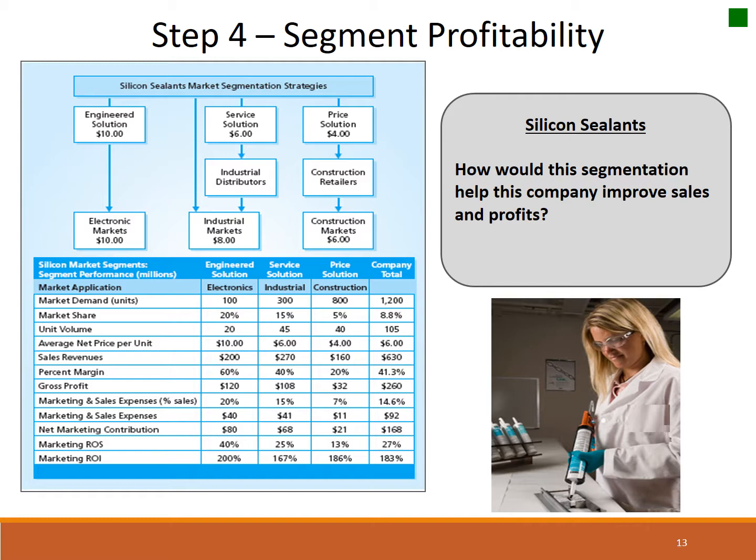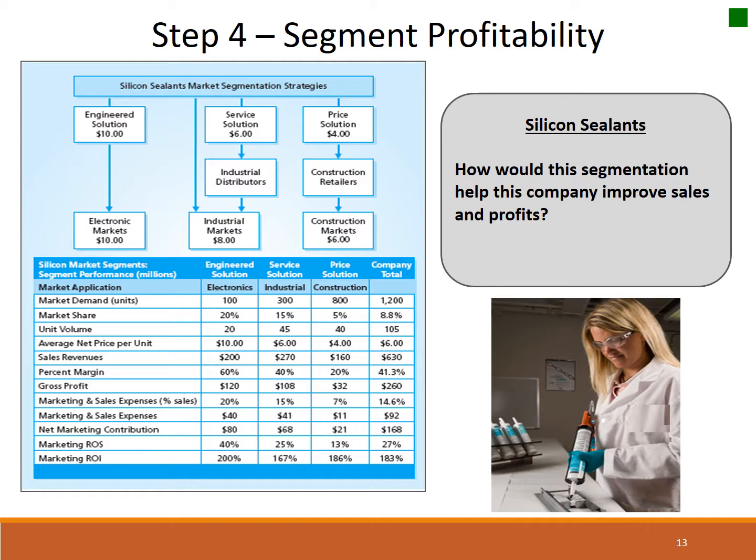It might be that from a managerial decision standpoint, you have to weigh profitability and volume. If that's the case, then you certainly can't ignore the construction market because they create a lot of volume for you, as do the industrial markets. Between the industrial and construction markets, we have 85 measured units.